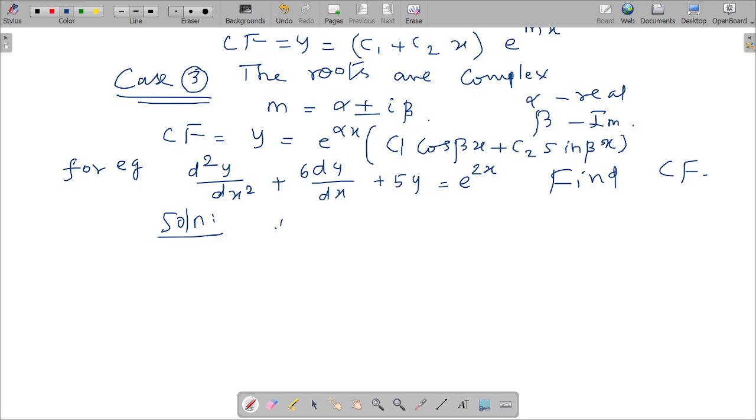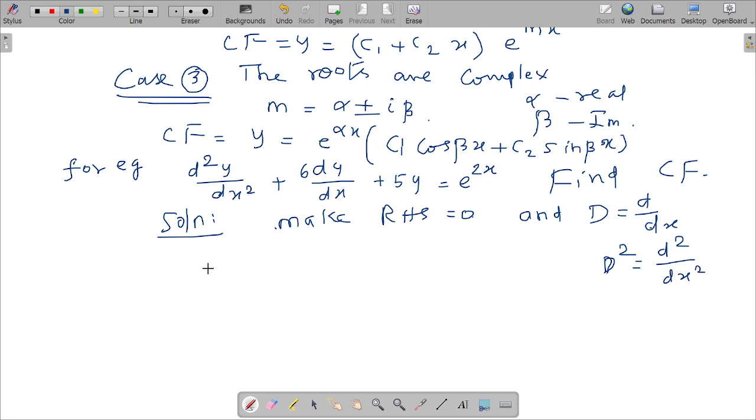Make the right hand side equal to 0. The equation, and then substituting d equal to d by dx, then d square equal to d square by dx square.